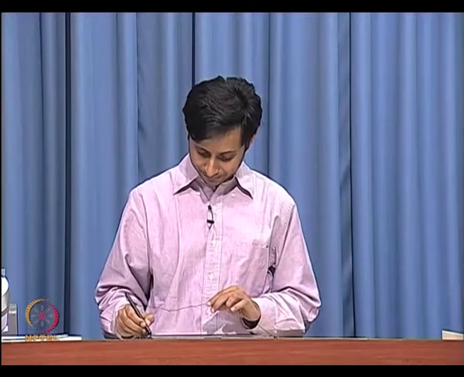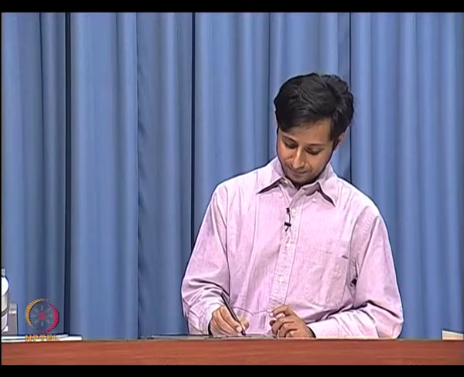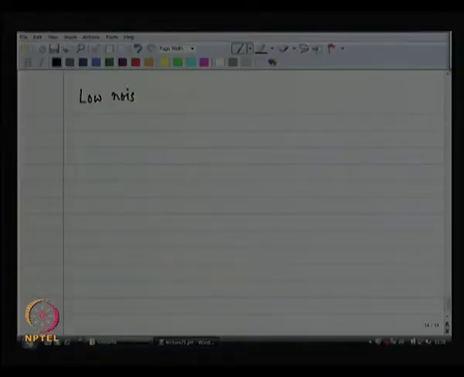So, that is why we want to make something called a low noise amplifier. We are going to make this one beautiful amplifier that does not add much noise, but amplifies. And we are going to put this low noise amplifier right after the antenna.